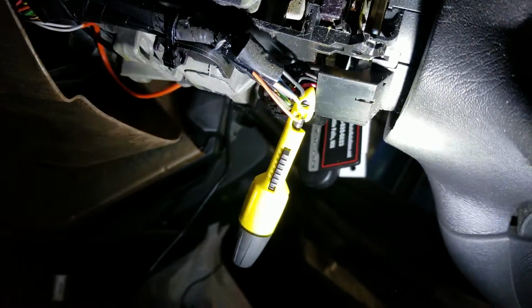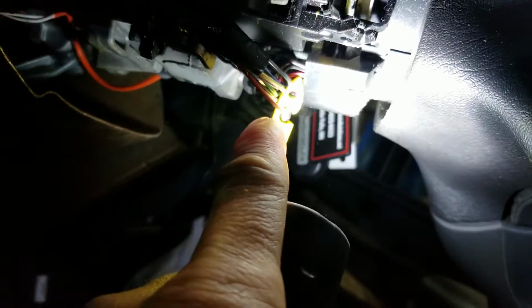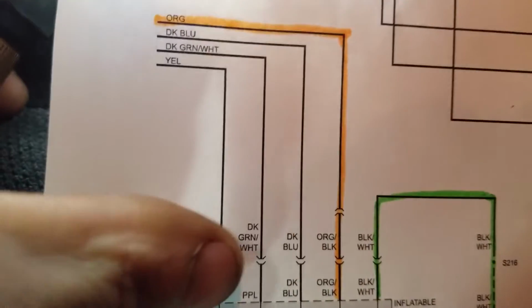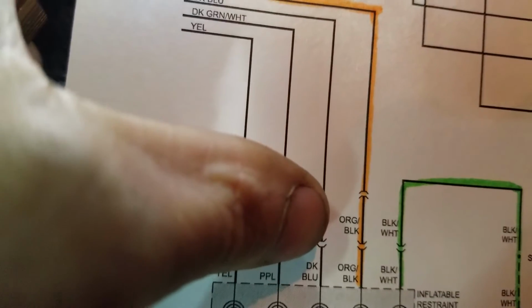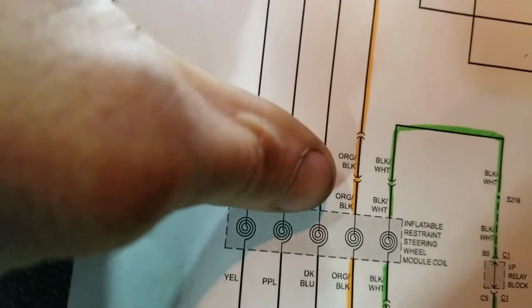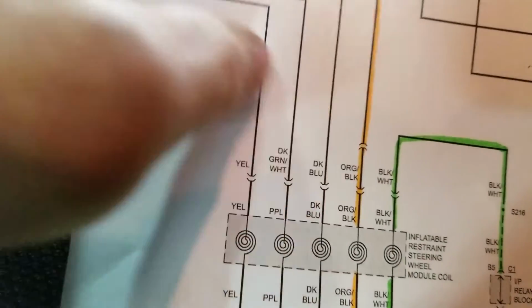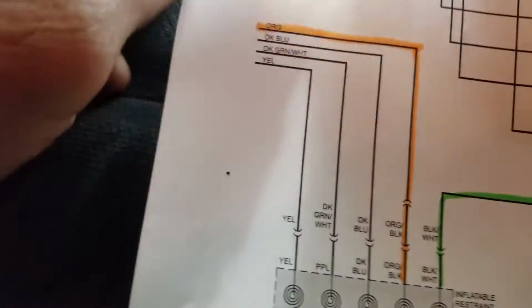So if we look right here, there's our clock spring right there, okay? This is the orange-black wire. If we pull up our diagram here, you can see the orange-black, okay? Now, keep in mind that the orange-black is only orange-black till this connector, so there's another connector under this. This is not the connector, okay?